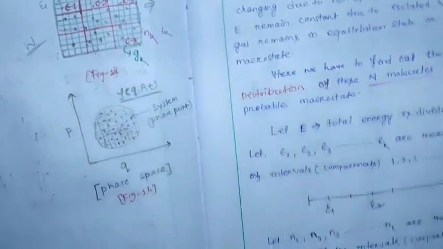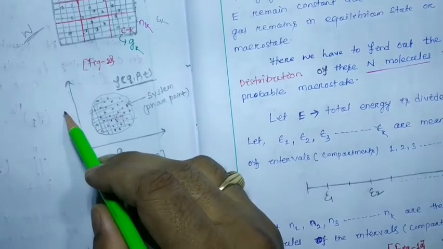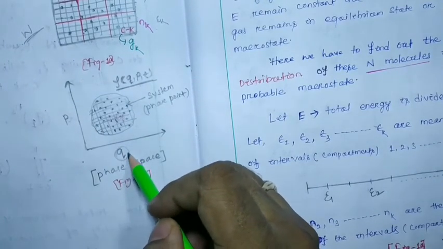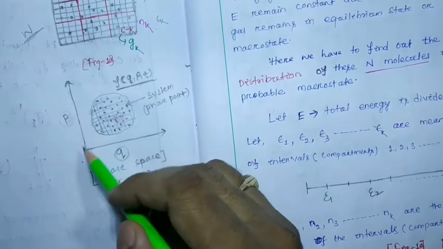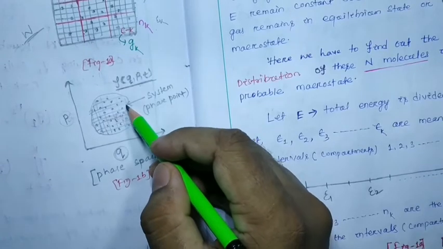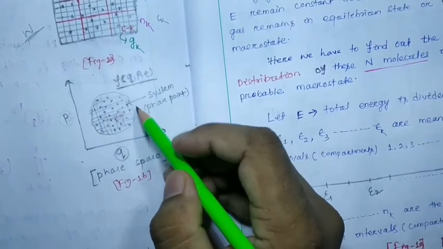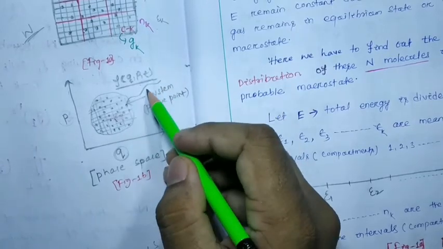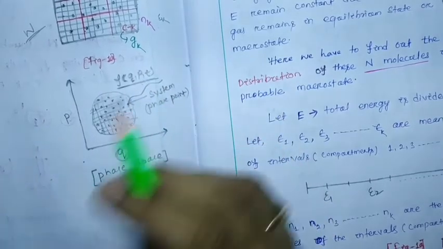Both its position, q the generalized coordinate, and momentum change with time. Hence any phase point gives a particular trajectory, which is called the phase trajectory, that we have discussed.